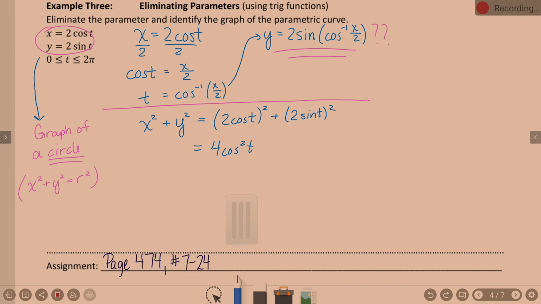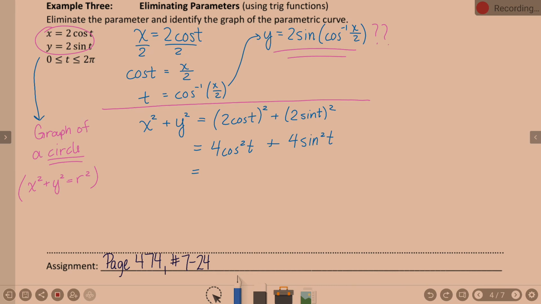Okay. Back to what we were in the middle of. Plus, what's 2 sine t when we square the quantity? 4 sine squared t. Okay. Notice anything? Cosine squared plus sine squared. What's in the way right now? A 4.